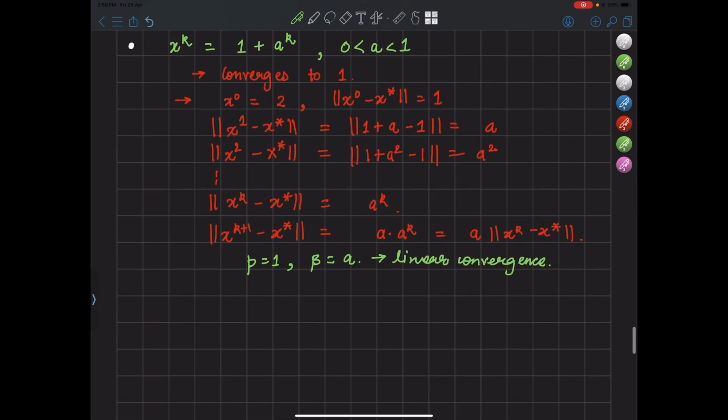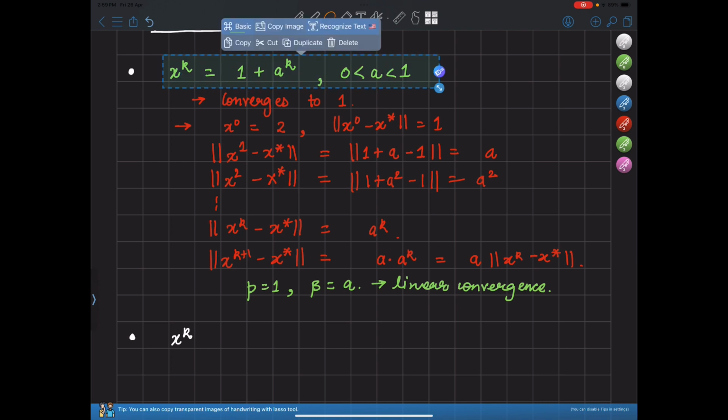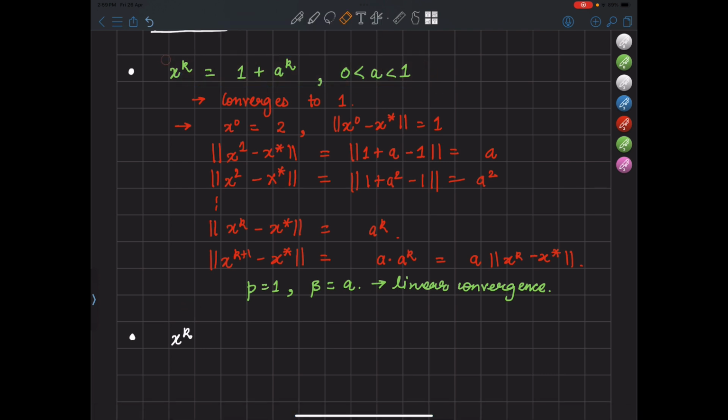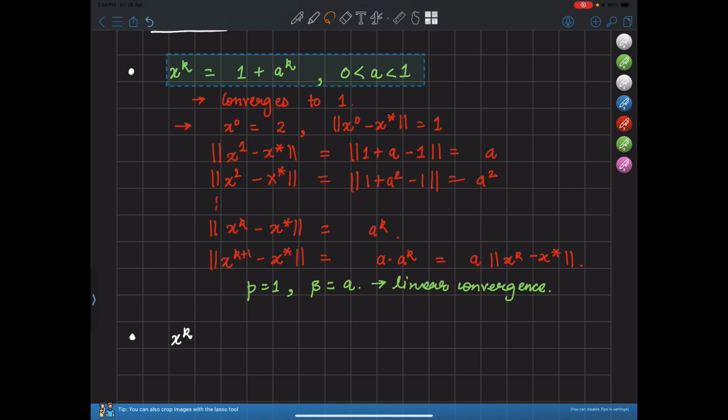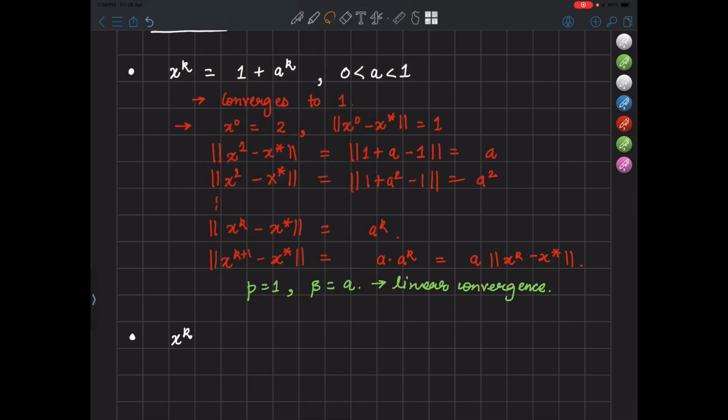Now let us look at another convergence, another sequence like this. Let me change this color to white. Alright, so xk equals a to the power 2^k, where a is again between 0 and 1.